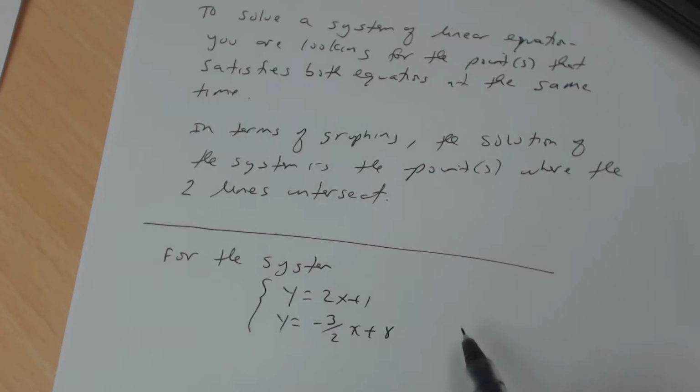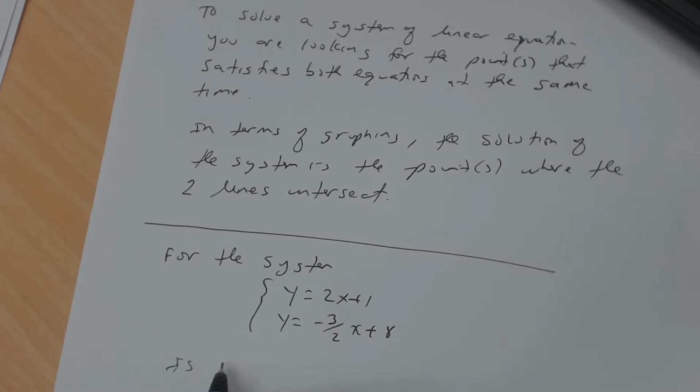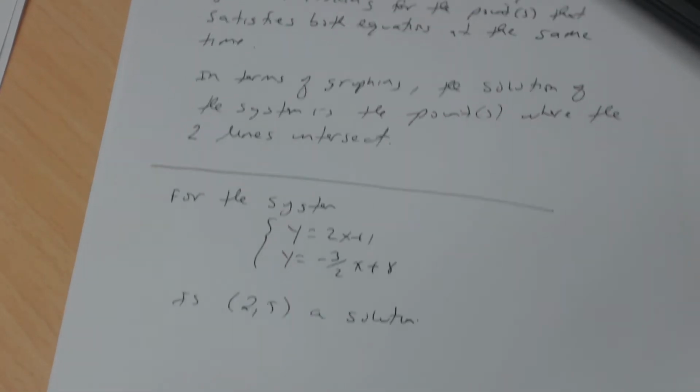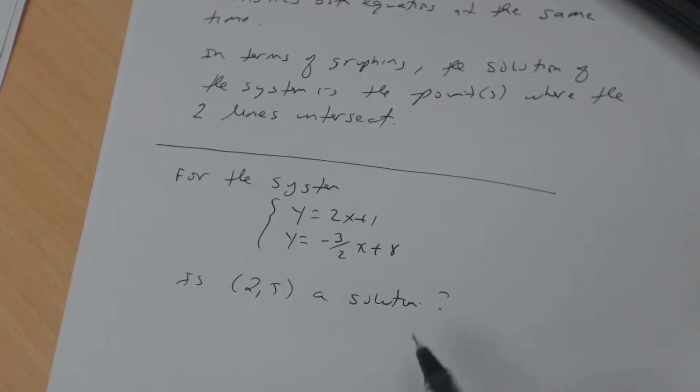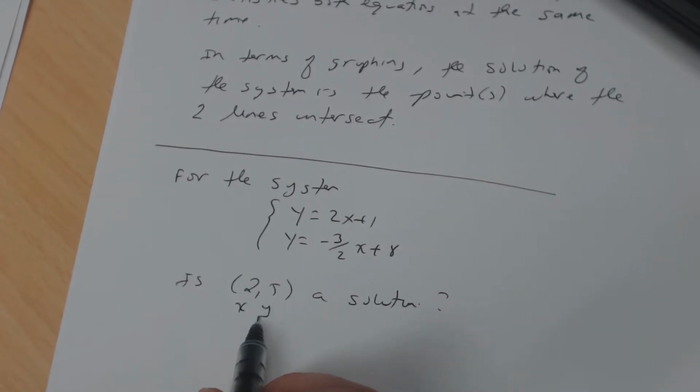So my question is this: Is 2, 5 a solution? So is the point, the ordered pair 2, 5, a solution? Okay, that's the question. So to determine if it's a solution, remember this is your x, this is your y. So this is an ordered pair. So there's your x, there's your y.